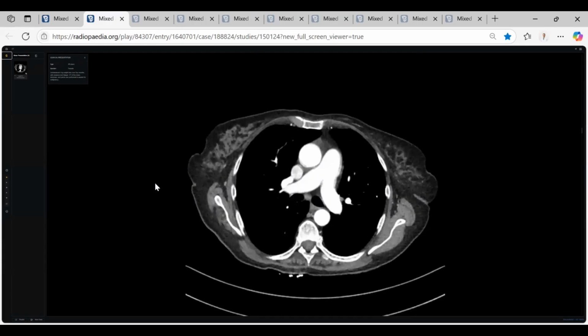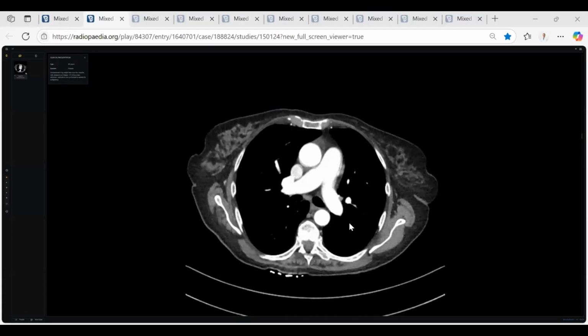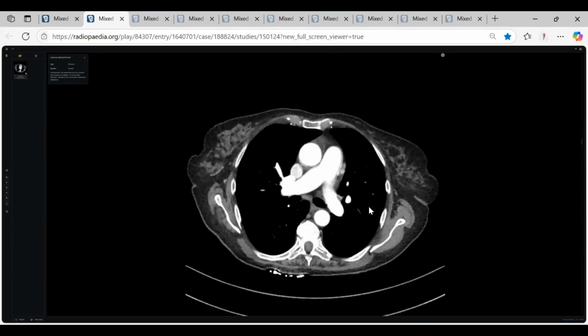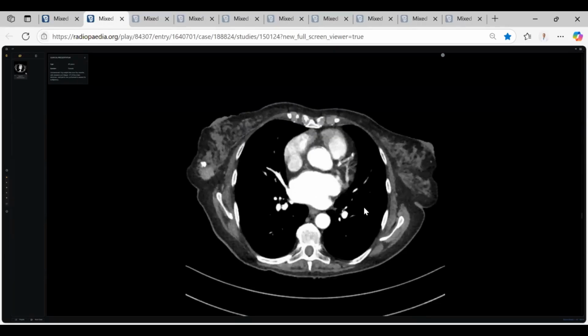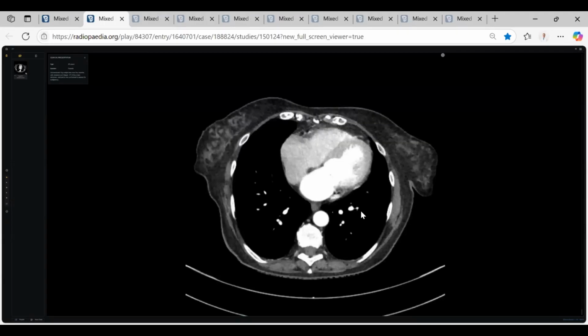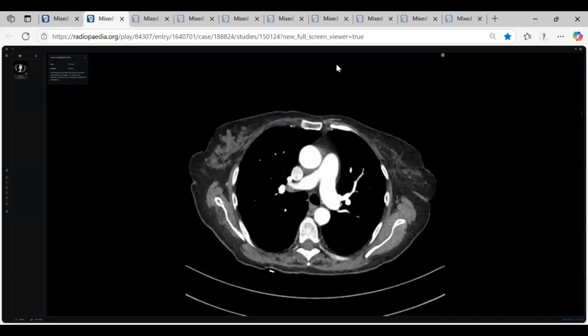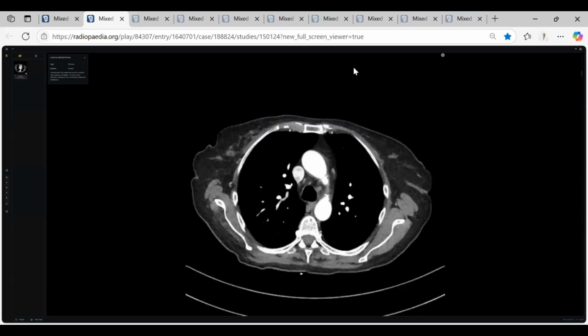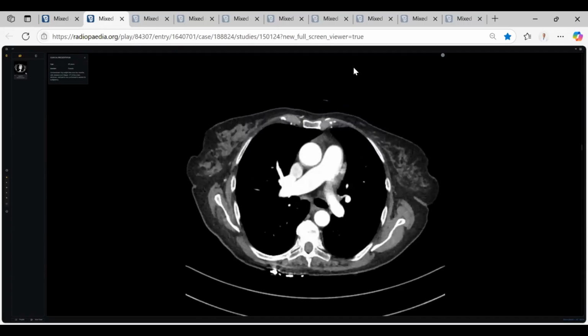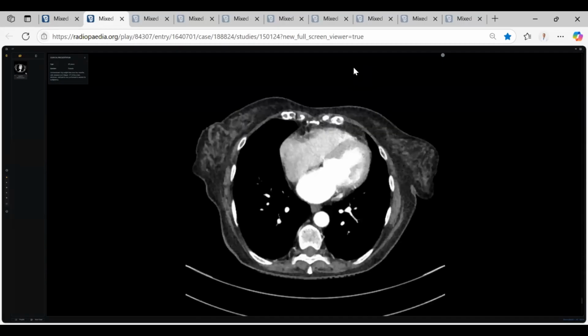These are the CT scan axial sections at the level of the aortic arch of the chest, mediastinal window. I think there is lag in scrolling. Let me scroll for you, please. The patient is a 60-year-old female with dyspnea.